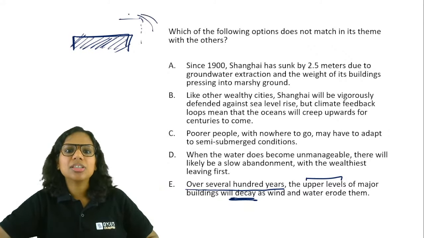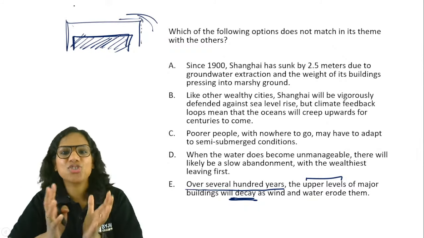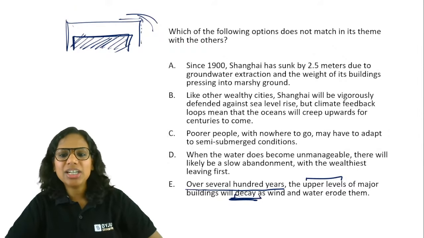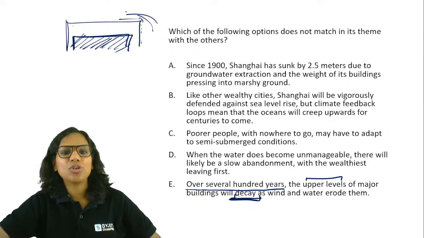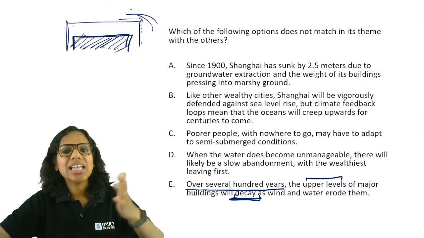They'll be semi submerged already, stuck in this condition of moisture, so they will gradually decay as wind and water erode them. It will spoil them, it will decay them. That is what is stated.